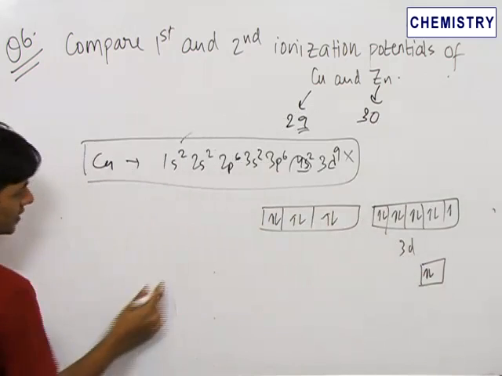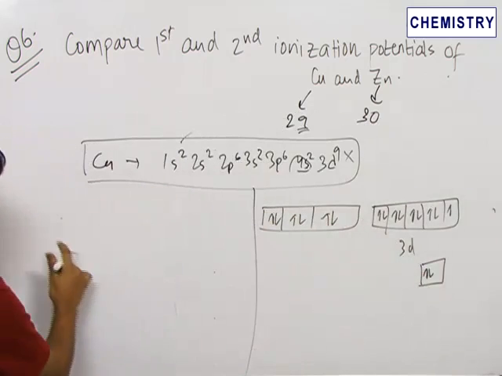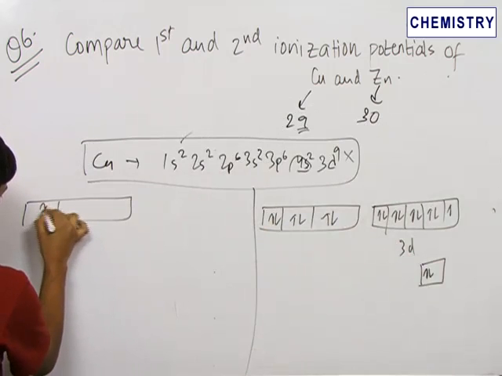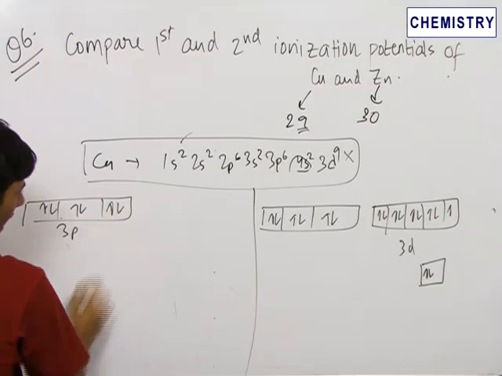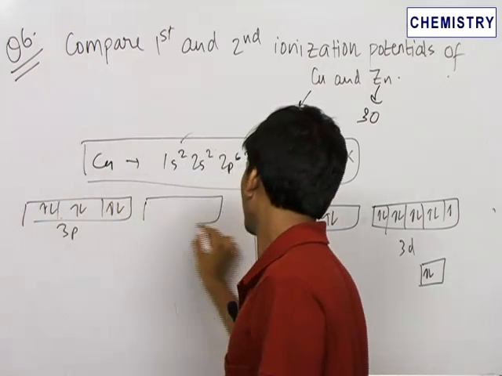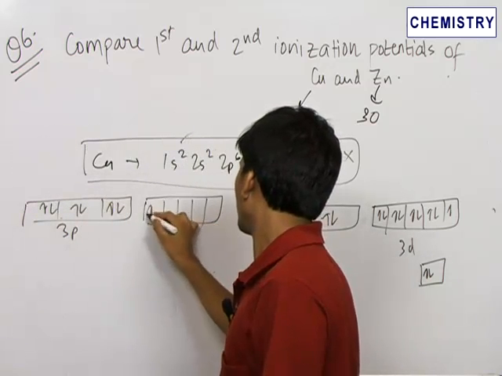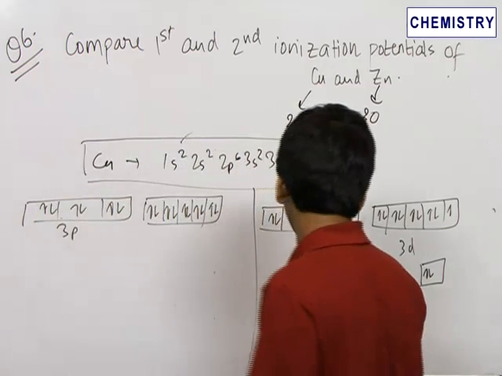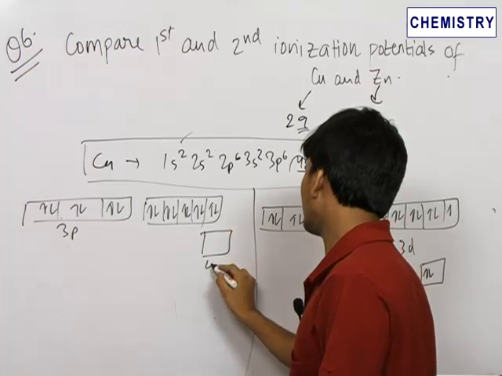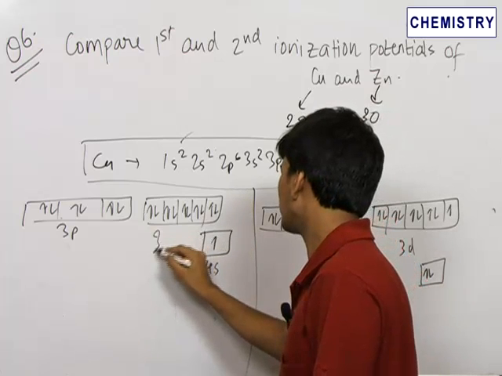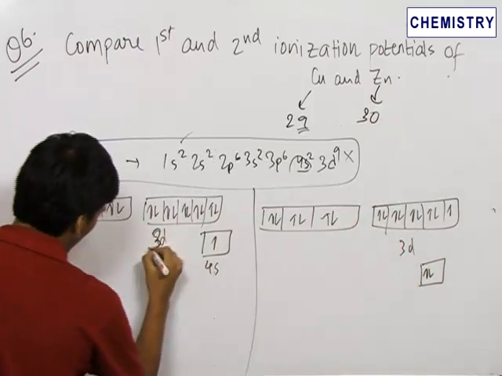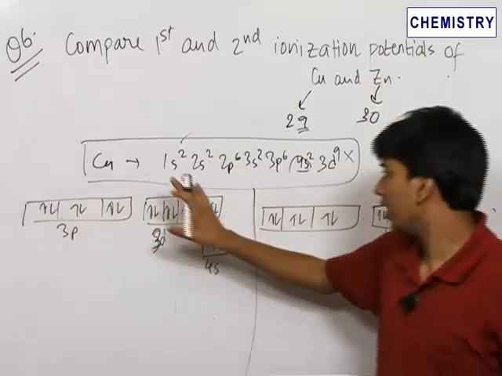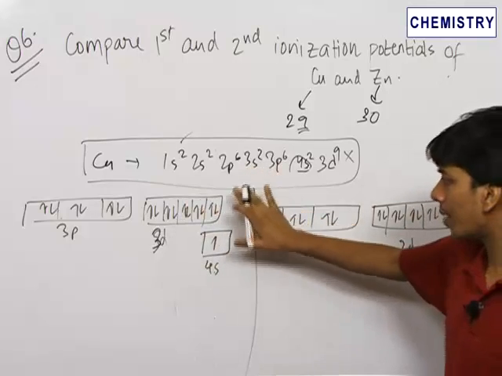Now instead of this, if we did it like this, that the 3p orbitals are fully filled and we fill up the 3d orbitals, and this 4s has only one electron. Now this is a special case of copper. It happens only like this in copper. So remember this special case.